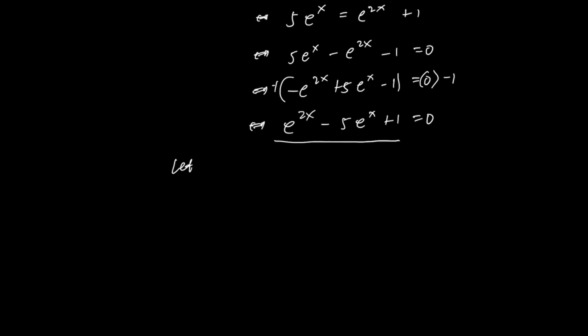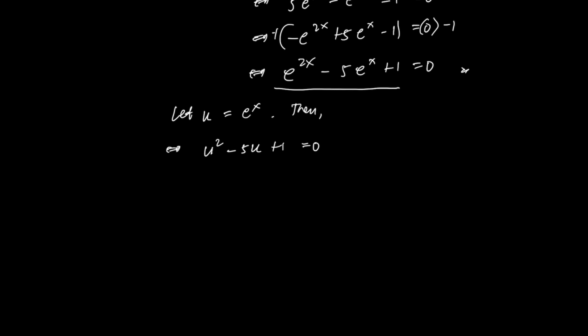Example, we can let u equals e to the x so that this expression here is just u squared minus 5u plus 1 equals 0. So is there a factor of this? If none, then we can use the quadratic formula. Our a is 1, our b is negative 5, and our c is 1.